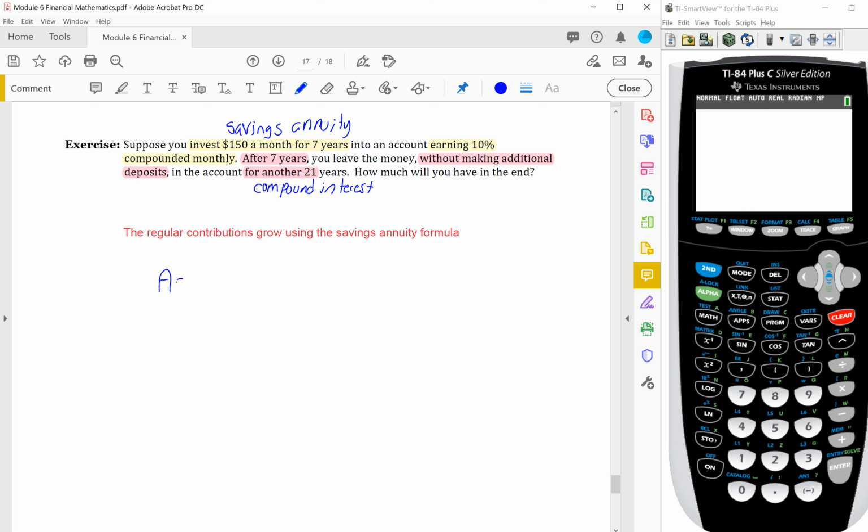The amount that your account will have in it will be D, your monthly contributions, times 1 plus your interest rate divided by the number of times you compound per year, raised to the kt, minus 1, divided by r over k.